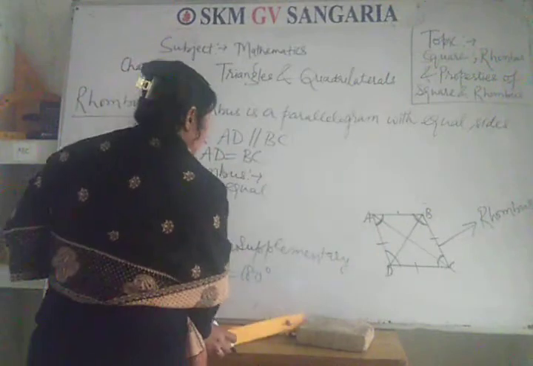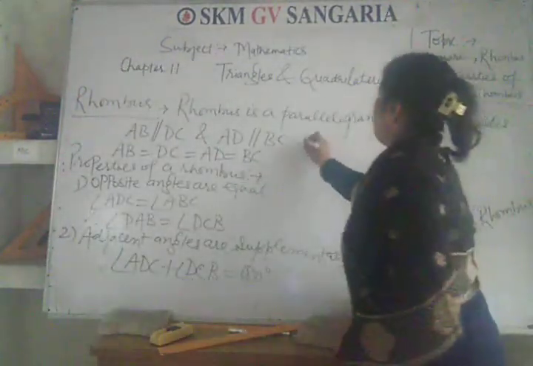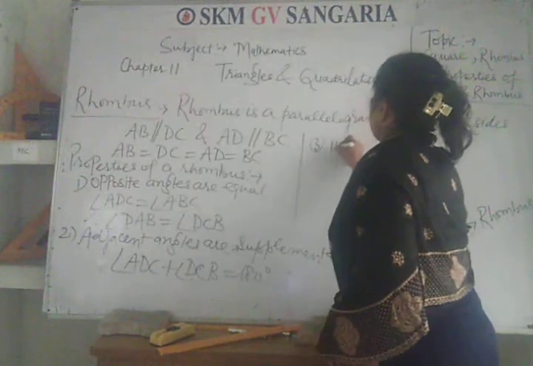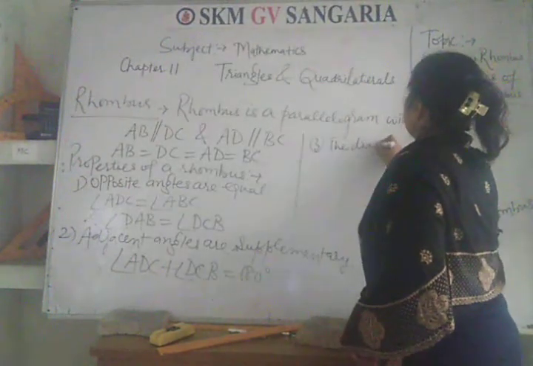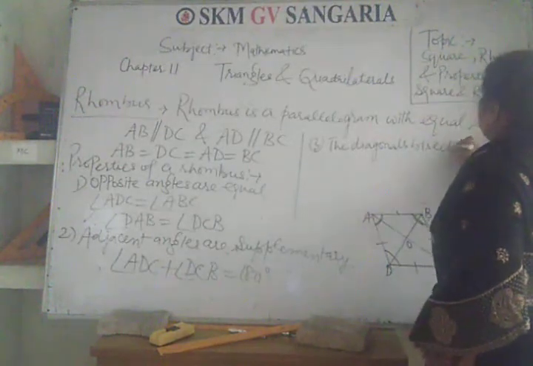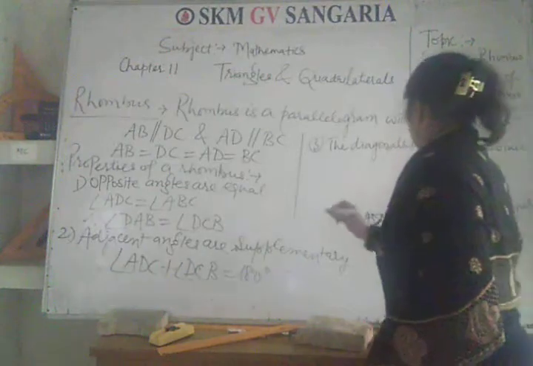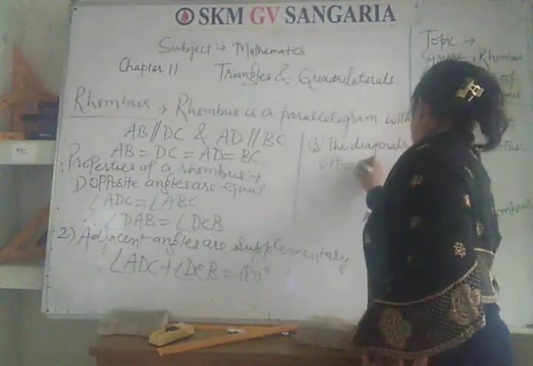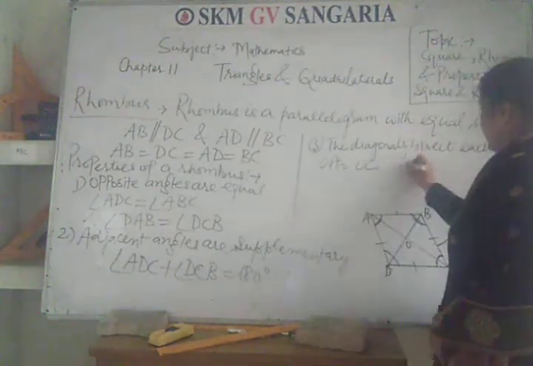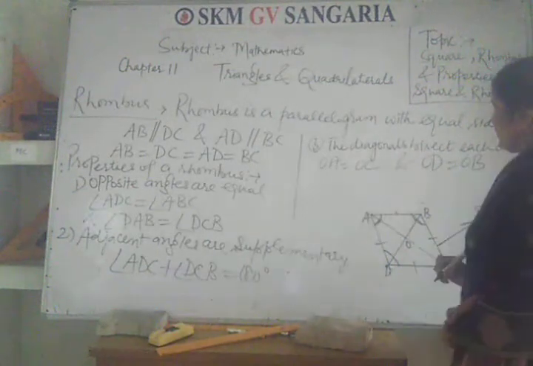Third property: the diagonals bisect each other, which means OA will be equal to OC and OD will be equal to OB.